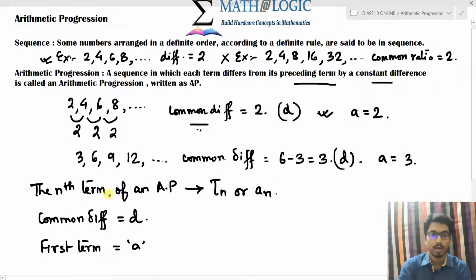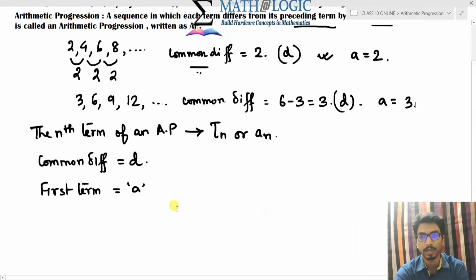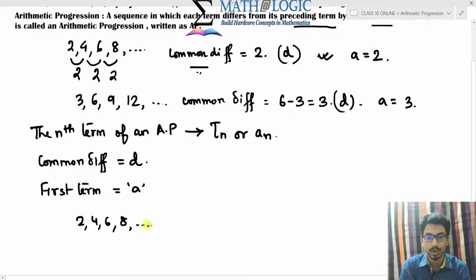Clear? Now how will you find the nth term of an AP? If you clearly observe the given series 2, 4, 6, 8 and so on, let's say I am going to find out the 10th term.